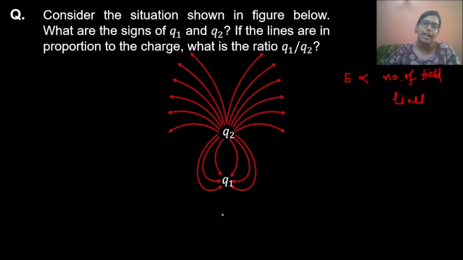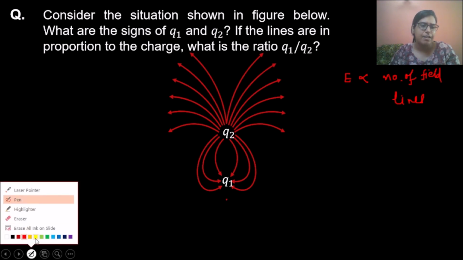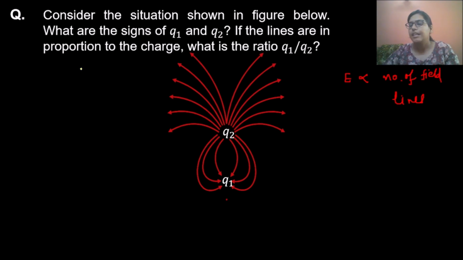Here we can see electric field lines are ending at Q1, that means Q1 is a negative charge, and electric field lines are starting from Q2, that means Q2 is a positive charge.